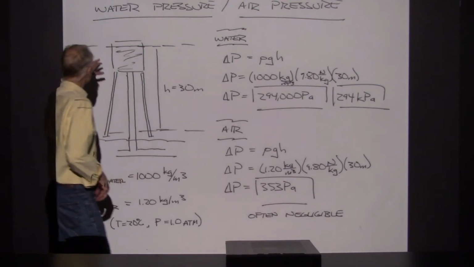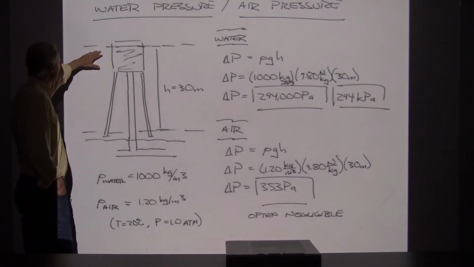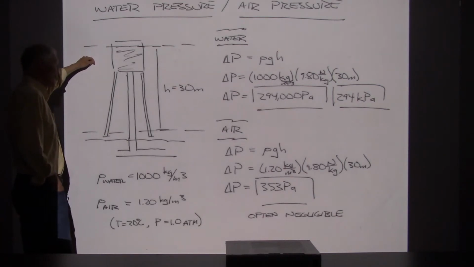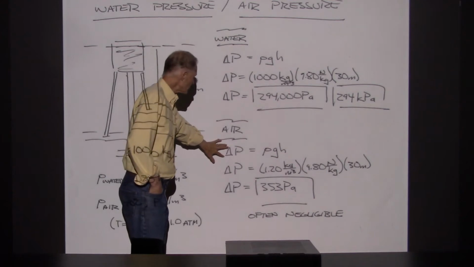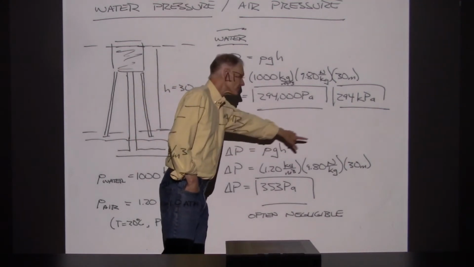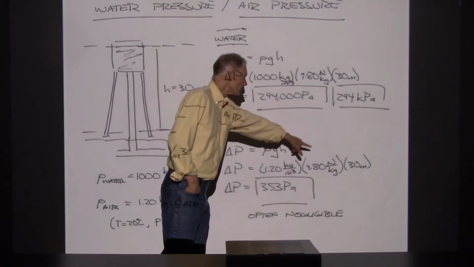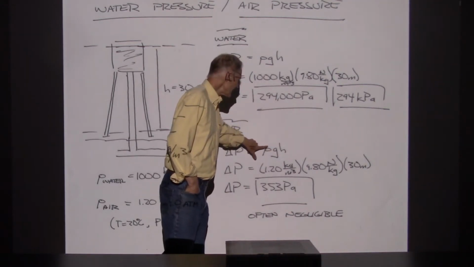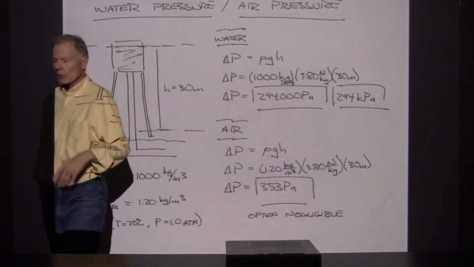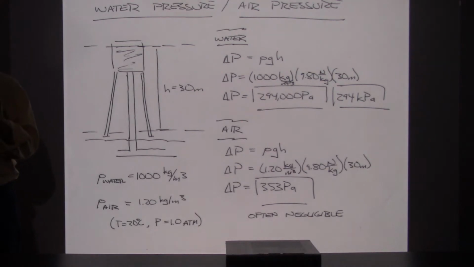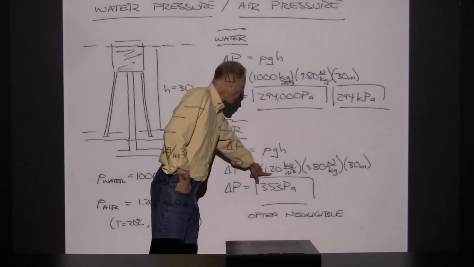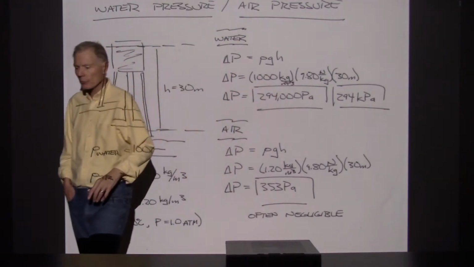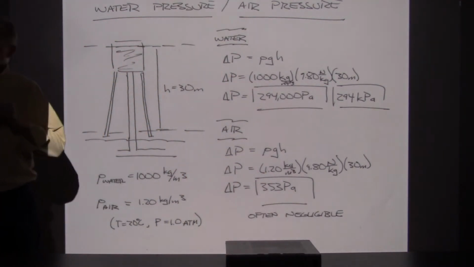If I start at the top of the water and make my way through the air, not through the water, the increase in pressure is rho g h. It's the same gravitational field and the same height; the density is different. Air density at the surface of the Earth at 20 Celsius is about 1.20 kilograms per cubic meter. Now that's not nothing.